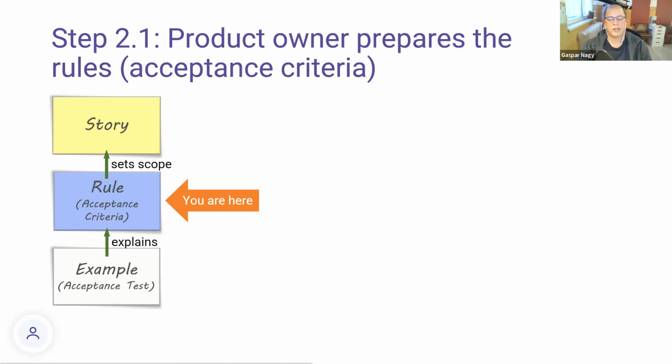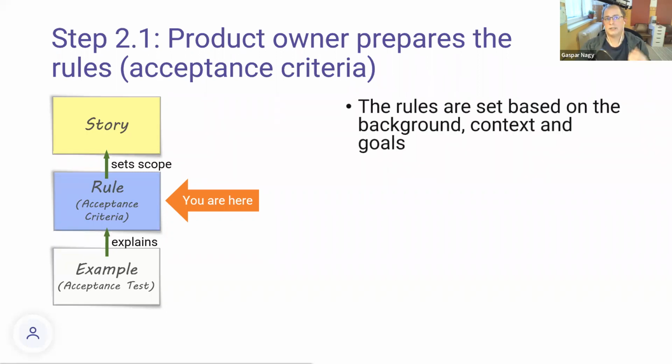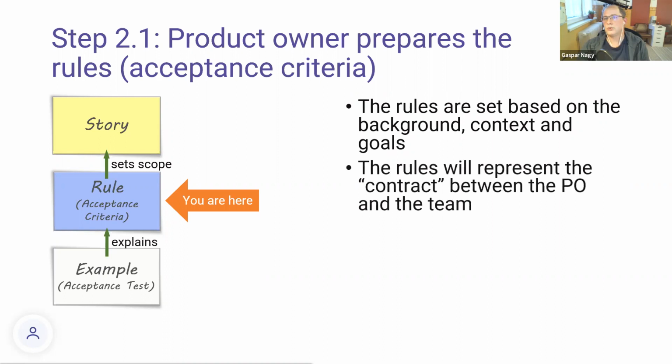Before this meeting happens, the product owner should sit down, maybe discuss with the analysts, discuss with some users, and try to lay down some rules based on the background, the concept, and the high-level goal. Those rules will represent the contract between the product owner and the team.